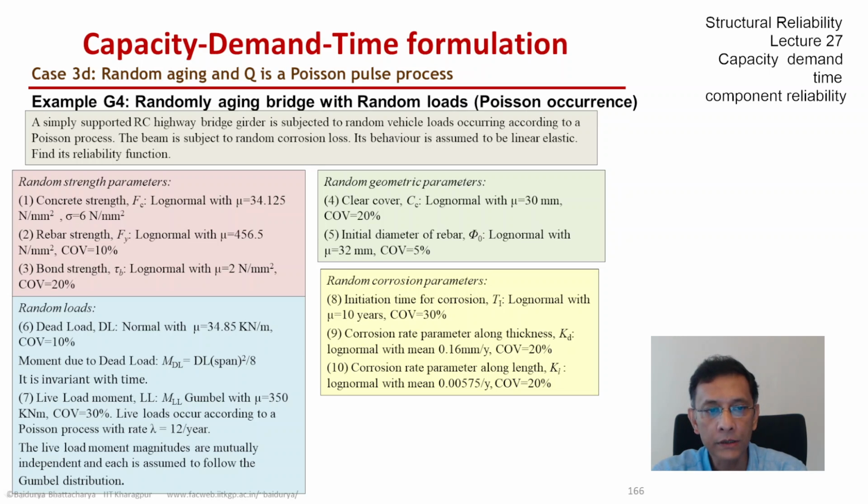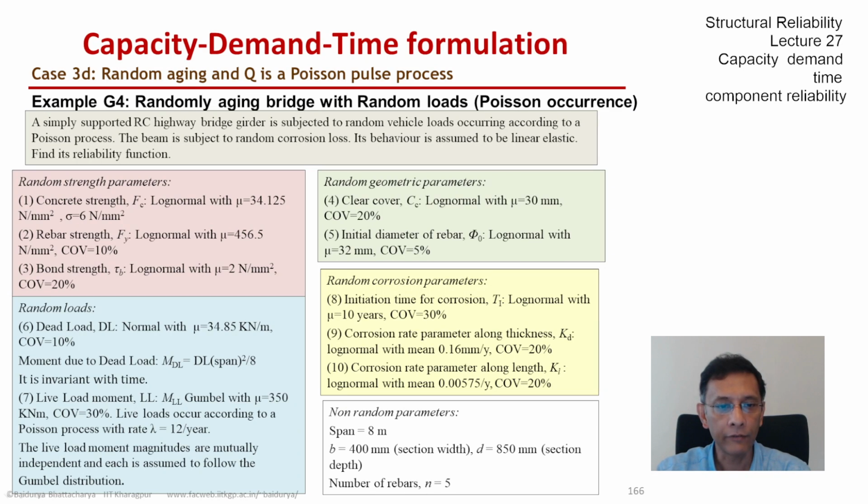The rate parameter is another random variable along the thickness, and a rate parameter along the length. So we have two rate parameters there. And finally, the deterministic parameters are the span length and the sectional dimensions, and of course the number of rebars.